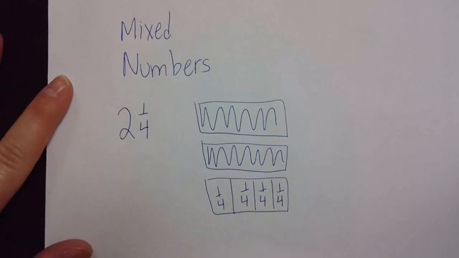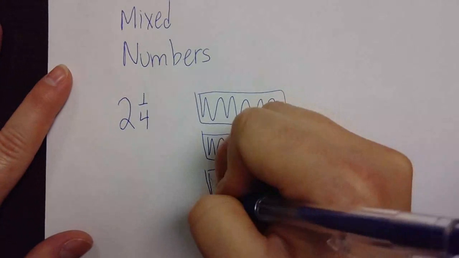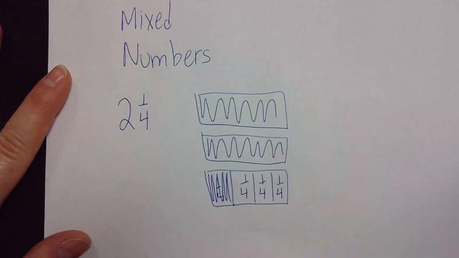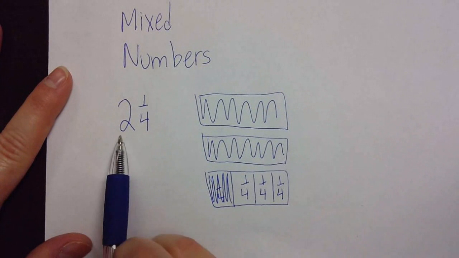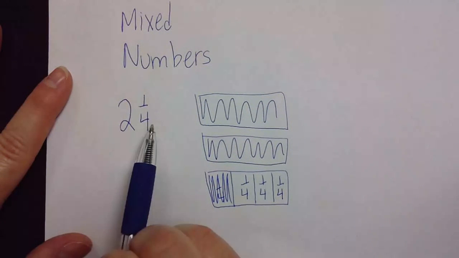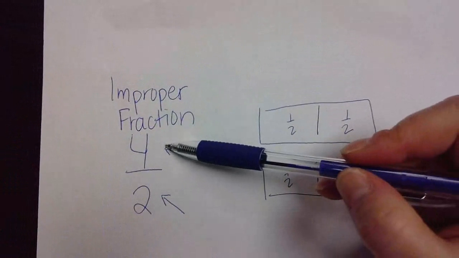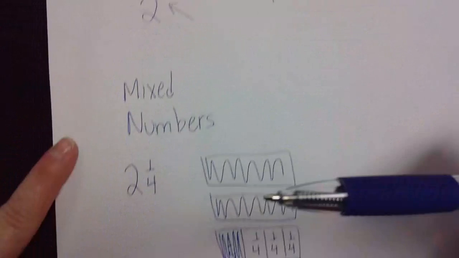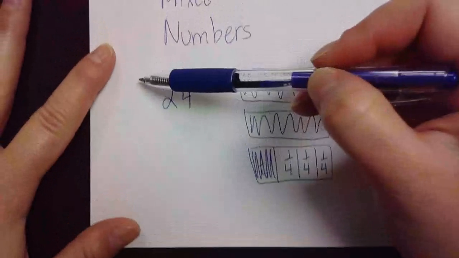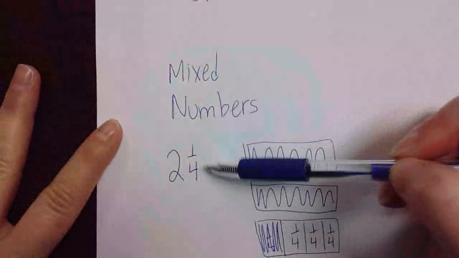So I would have 2 wholes and 1/4. And it's a mixed number because it has a whole number mixed with a fraction. So we have improper fractions where our numerator is greater than our denominator. And we have a mixed number where I'm mixing together my whole numbers with my fractions.